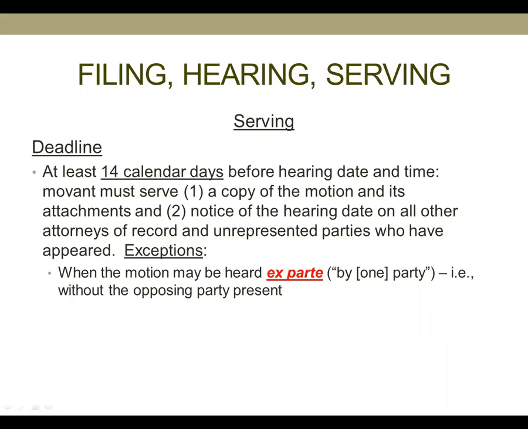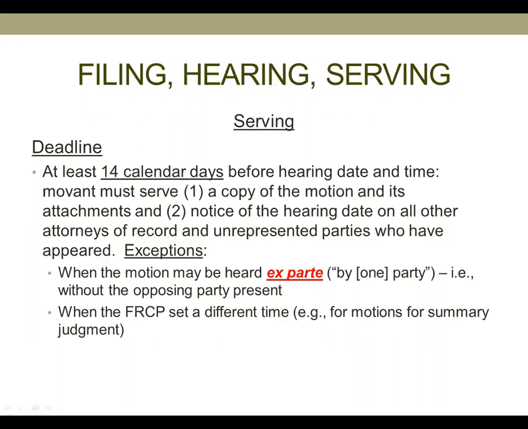For example, applications for temporary restraining orders are normally granted ex parte before the defendant has even been given notice of the lawsuit, because they're afraid once the defendant gets notice, the defendant will do things that will prejudice the plaintiff, and so they want the restraining order issued immediately. So that would be an example of where the party would not have to give 14 calendar days notice.